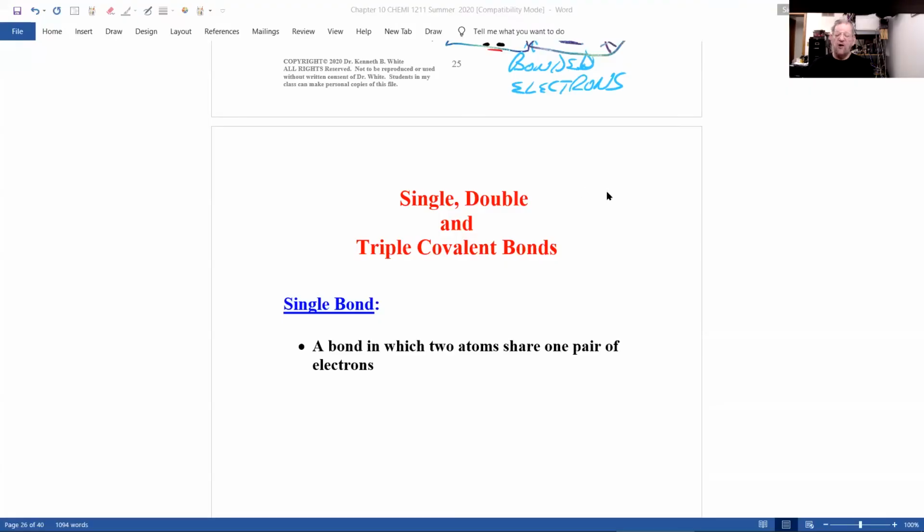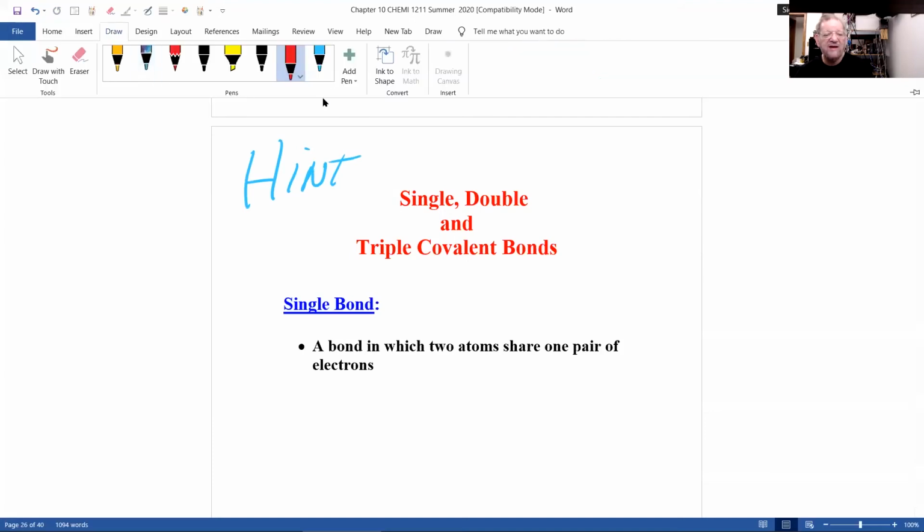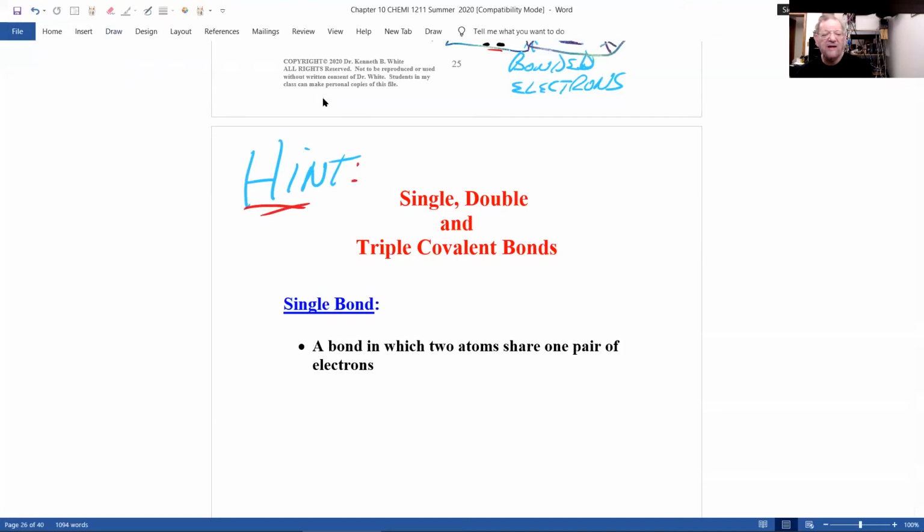All right, so let's look at the 3 covalent chemical bonds.